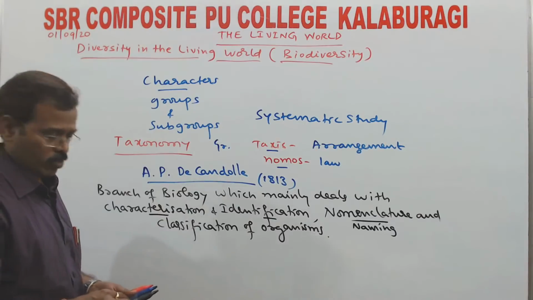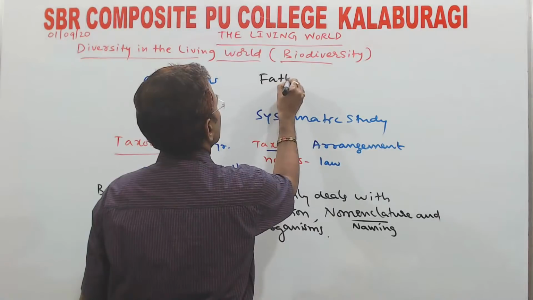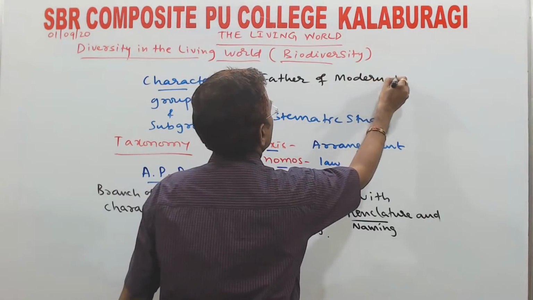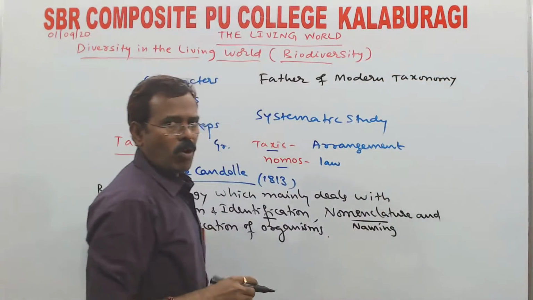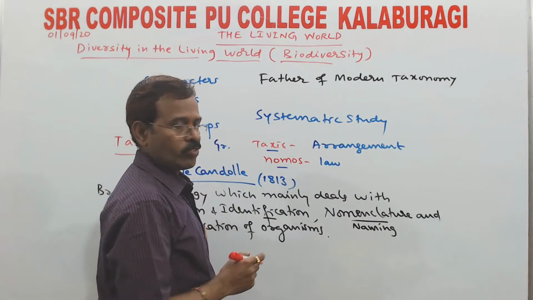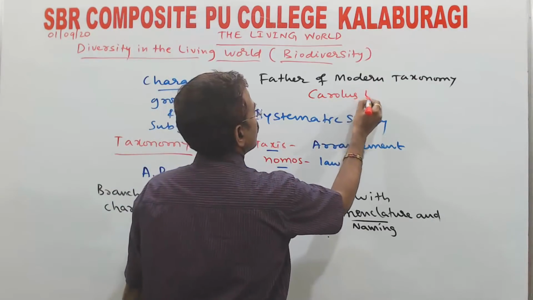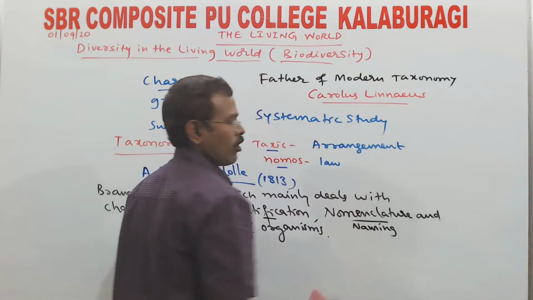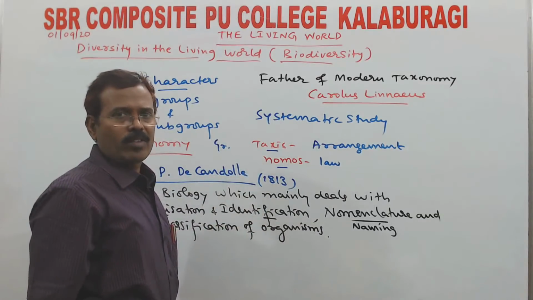The father of modern taxonomy is a Swedish naturalist, Carolus Linnaeus. He is known as the father of modern taxonomy.